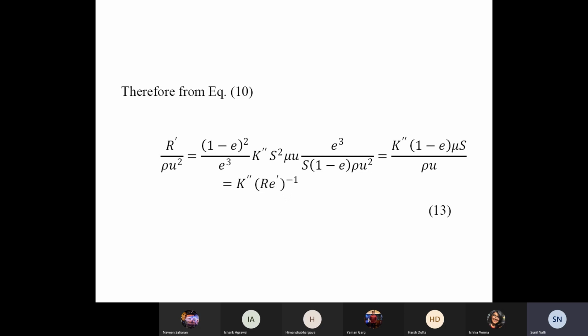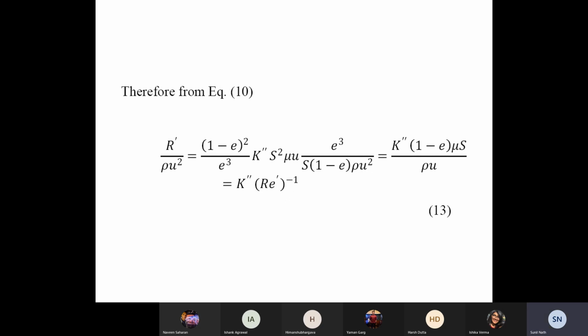So in other words, what we now need to calculate the pressure drop through a packed bed is a correlation, which is called Karman's correlation or graph, which plots R prime upon rho U1 squared, or sometimes rho U prime squared, where U prime or U1 is the average flow velocity in the interstices of the packed bed.